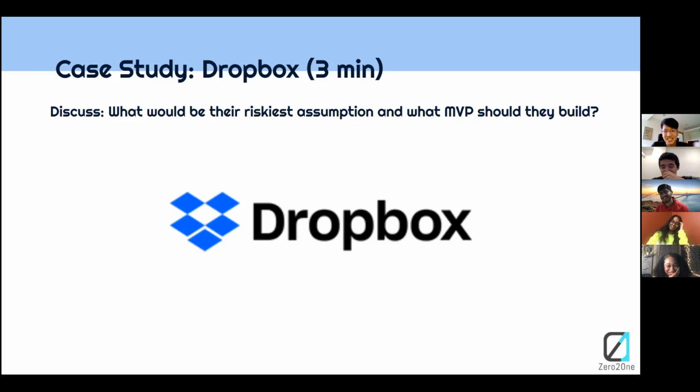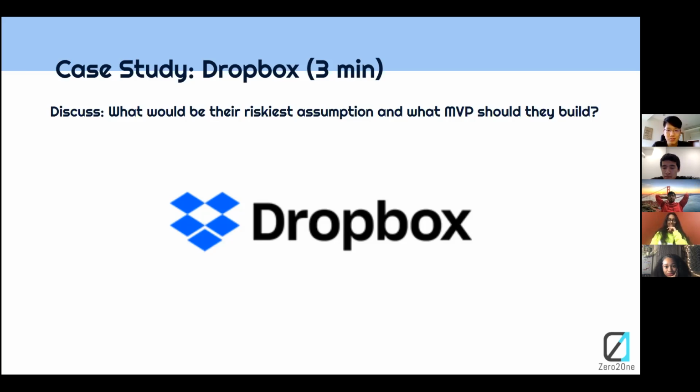All right. So yeah, we both didn't know what Dropbox is, but we did a quick Google search, and like you said, it's similar to Google Drive. So I guess for us, just from what we could tell, a big assumption is that, number one, people needed extra storage, and number two, like everyone said, they trust it.